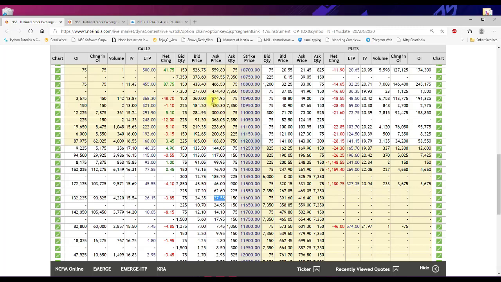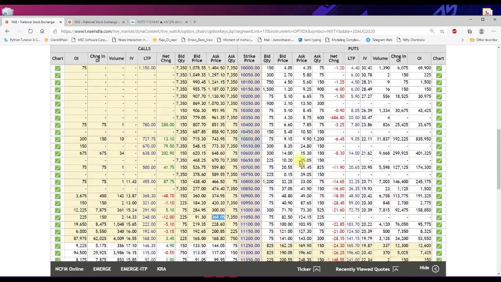If you are going deep ITM, so if you are selling the 11,000 call for 300 rupees, then your margin might increase a little more than the future, because you need to consider that by paying this you can take the future, but if tomorrow the market goes 100 points, then to match the MTM you should have extra capital to hold that position, otherwise your broker will square off that position. So that is how you calculate the margin required for option buying and option selling.